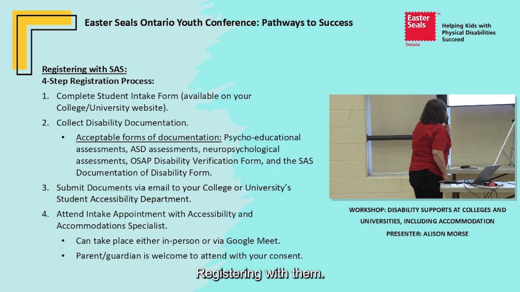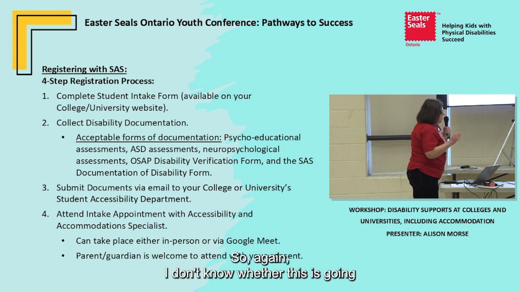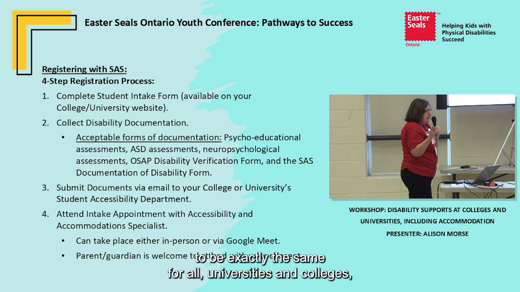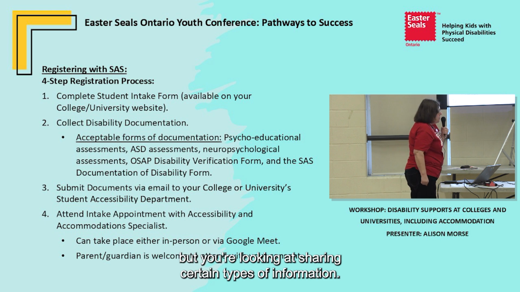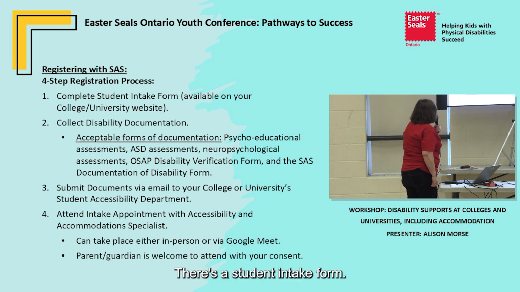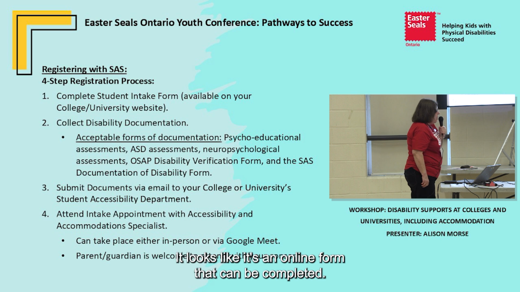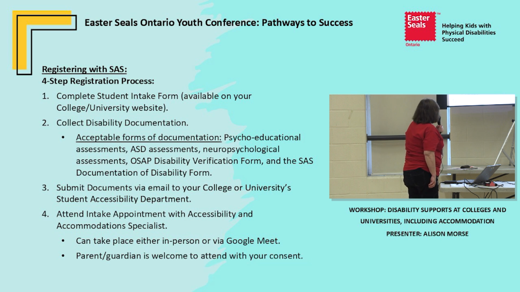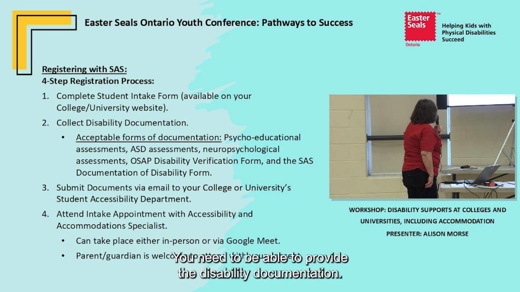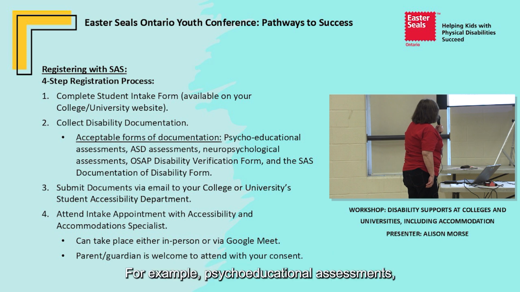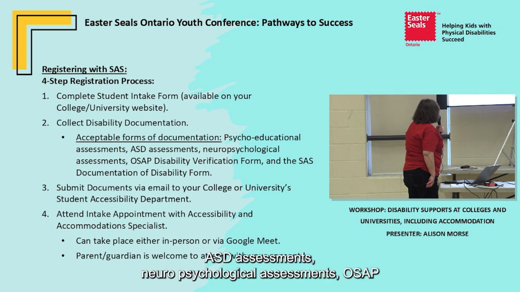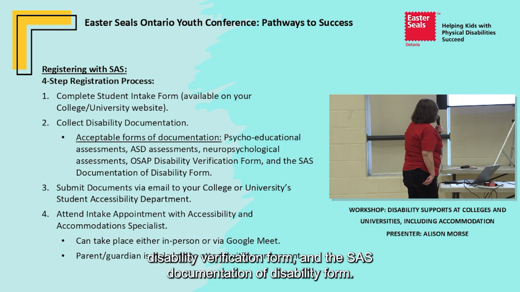Registering with them. So again, I don't know whether this is going to be exactly the same for all universities or colleges, but you're looking at sharing certain types of information. There's a student intake form. It looks like it's an online form that can be completed. You need to be able to provide the disability documentation, for example, psychoeducational assessments, ASD assessments, neuropsychological assessments, the OSAP disability verification form, and the SAS documentation of disability form.